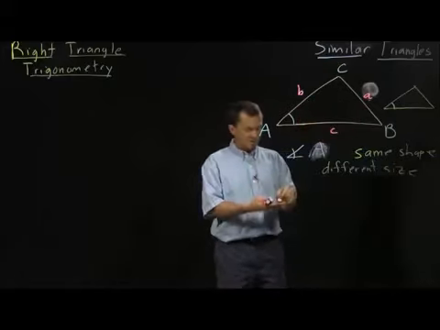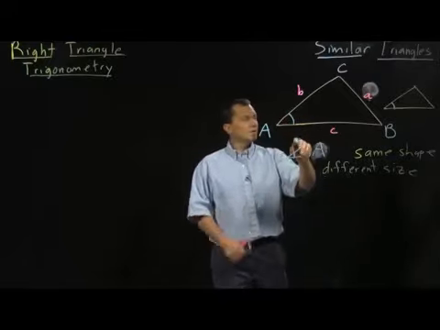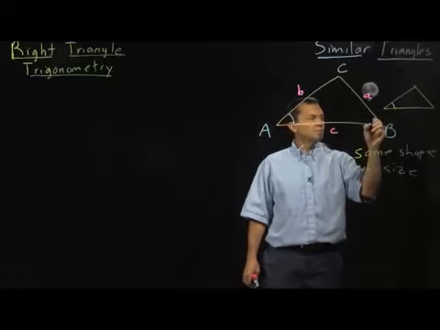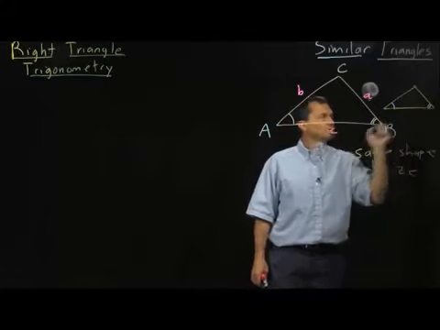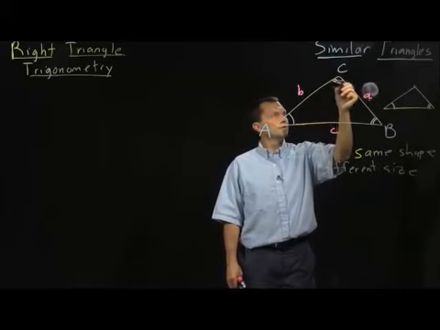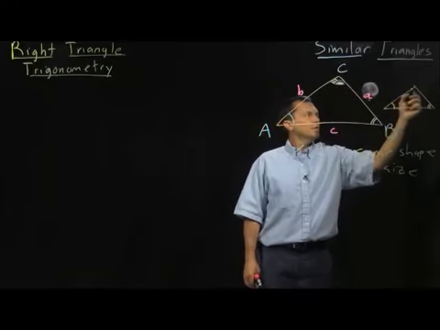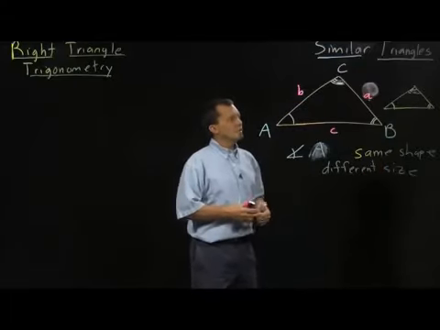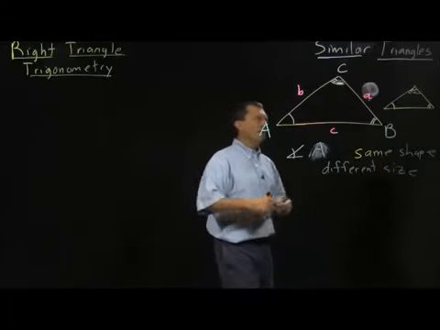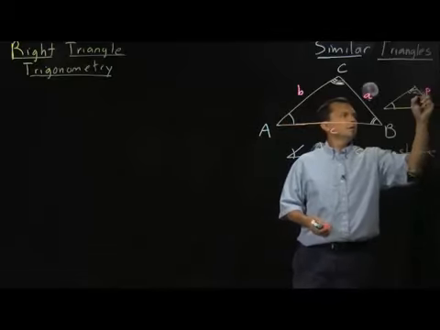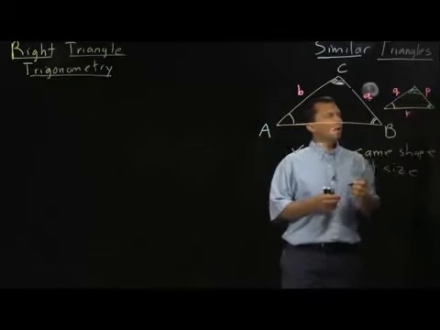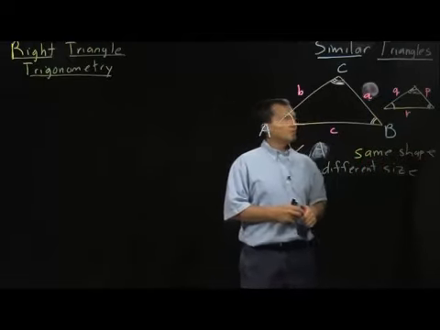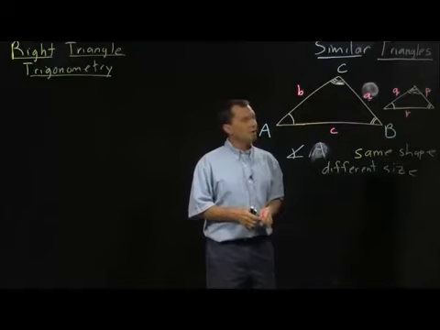And what we mean by saying the same shape is, if this angle here has the same measurement as that angle, and sometimes we'll use 2 bars to say those two angles have the same measurement, and 3 bars to say those two angles have the same measurement. Okay? And we'll just pick P, Q, and R. So we have 2 triangles. They have the same shape but different size. We say the triangles are similar.